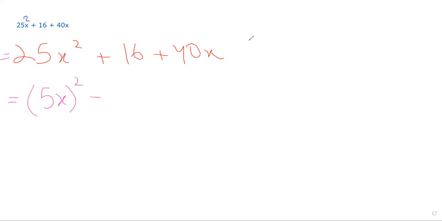Yes. Okay. Is 16 the square of any number? Yes. What is it? 3? 3 square is equal to 9, 3 into 3 is equal to 9.